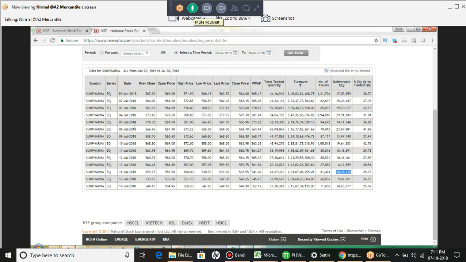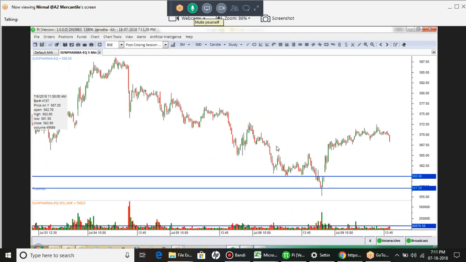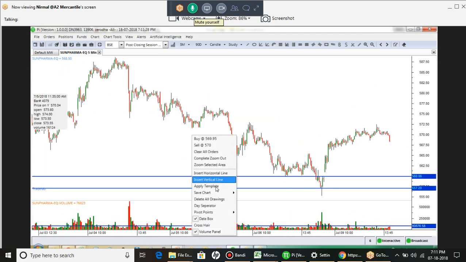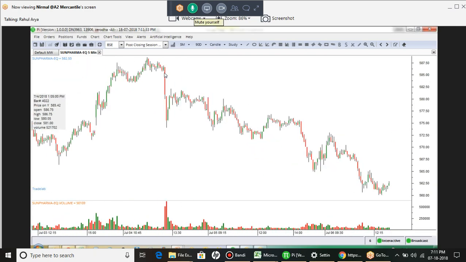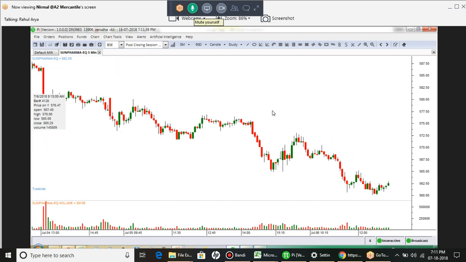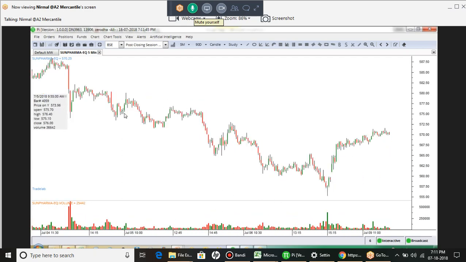So let's look at 5th of July and 6th of July. This is 5th of July and this one is the 6th of July. First, let's find out on 5th of July what was the highest volume.